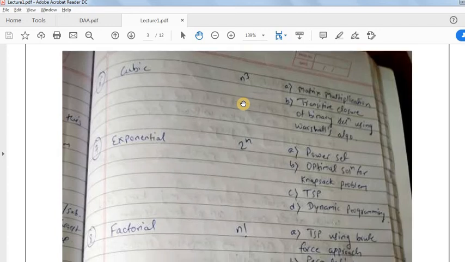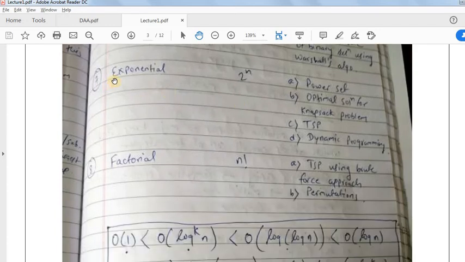Next, the efficiency class can be exponential if it requires a 2 raised to n growth rate. The examples: finding the power set from an existing set, finding the optimal solution for a given 0-1 knapsack problem using dynamic programming, and so on. The final category of efficiency classes is factorial.